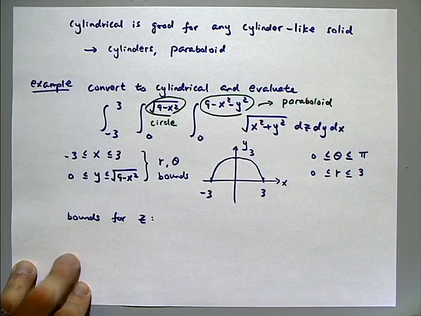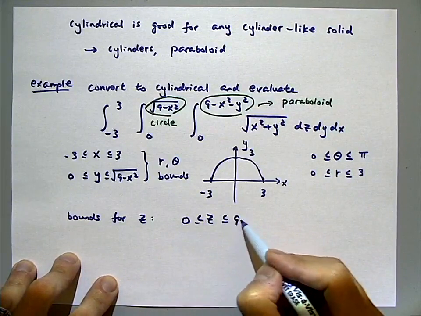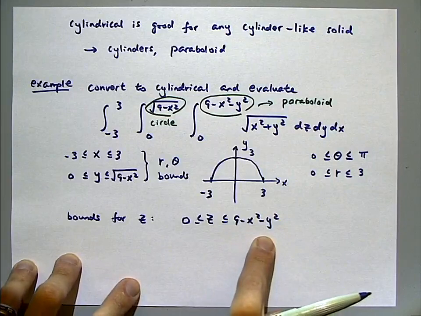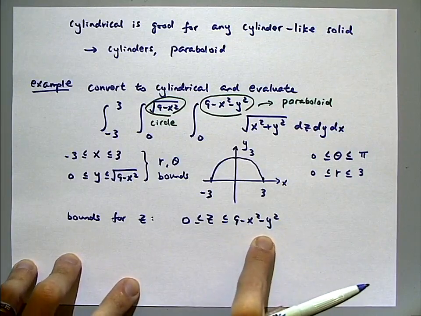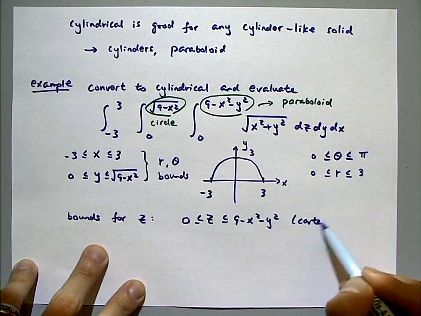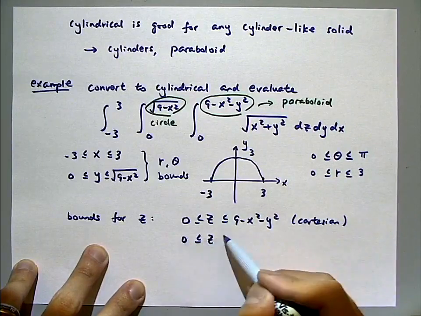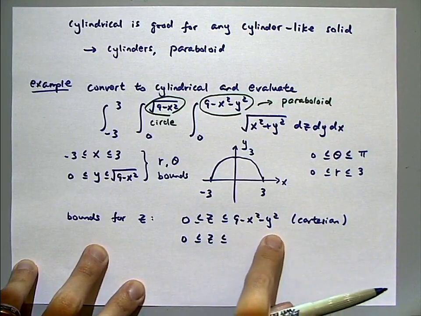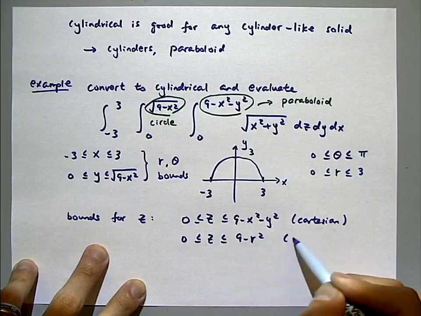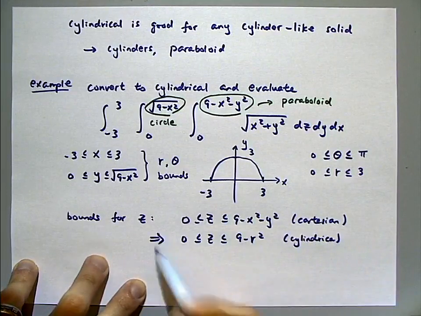Z, we don't have to operate much at all. Z is between 0 and whatever it was originally given. We just have to change this from Cartesian to cylindrical, and then we'll be okay. So we got to go to cylindrical first. X squared plus y squared is equal to r squared, so that's 9 minus r squared.